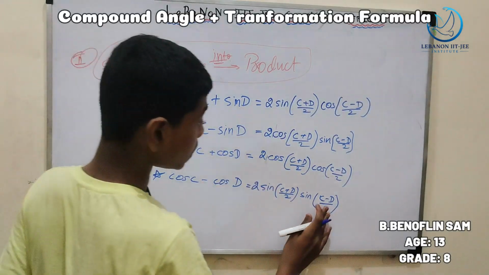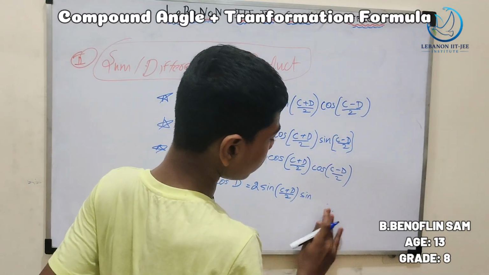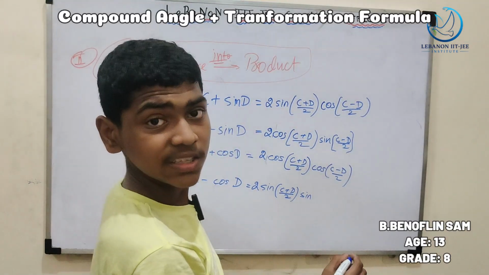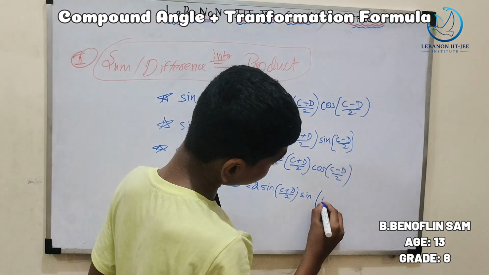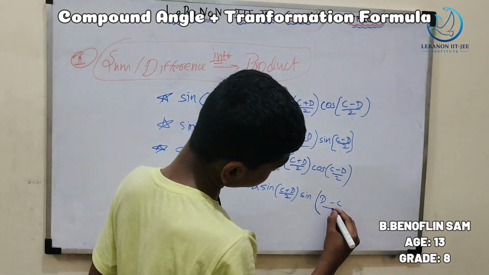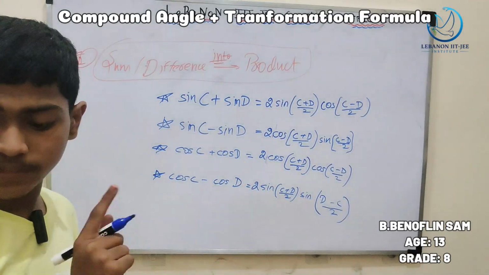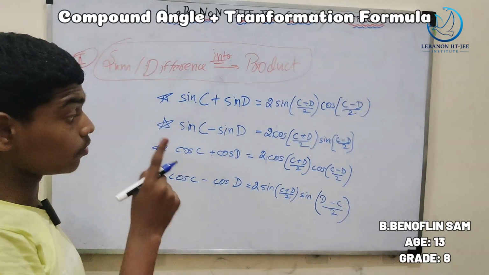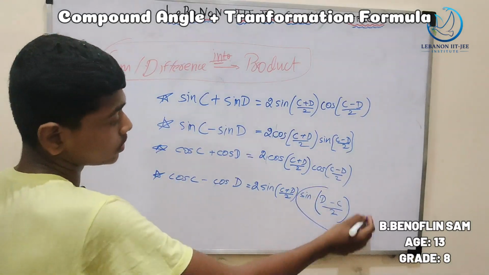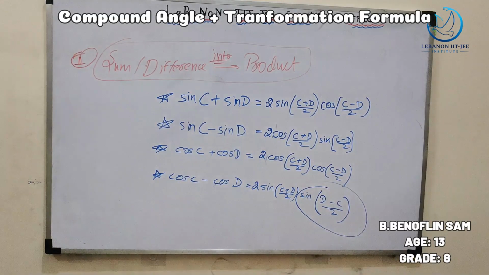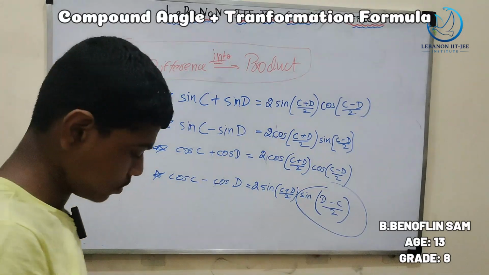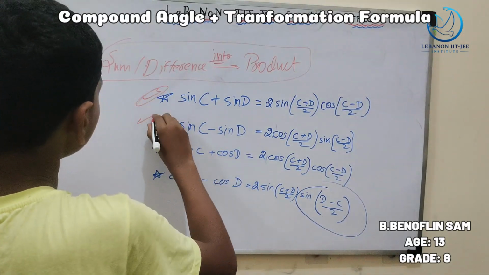And here they will not take C minus D, it is cos D minus C by 2. This is the main important thing, you have to know it. So here it changes, for the rest it does not. So you have to know these important things.